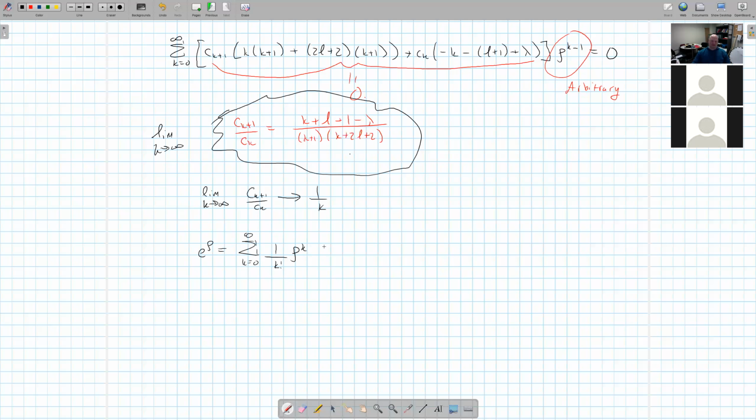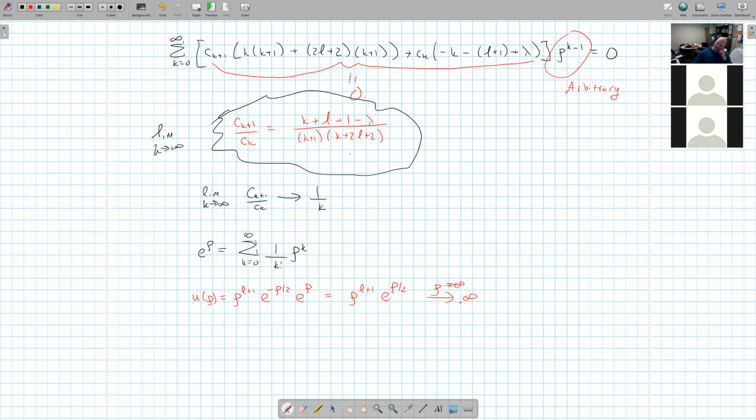Now the problem with this is if we took this solution and put it into our u solution, u of rho would be equal to rho to the L plus 1 times e to the minus rho divided by 2 times e to the rho, which would be equal to rho to the L plus 1 times e to the rho divided by 2, which again goes to infinity as rho goes to infinity.